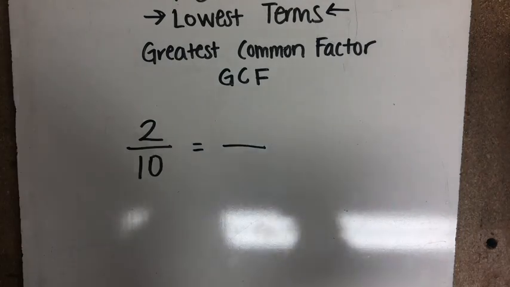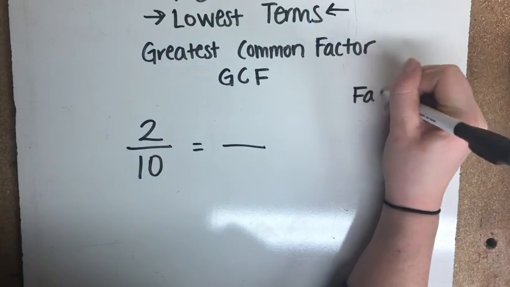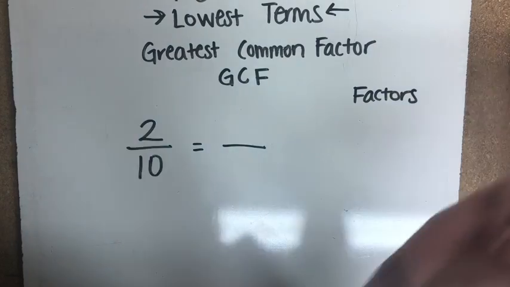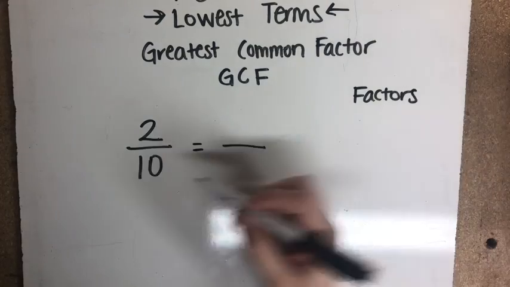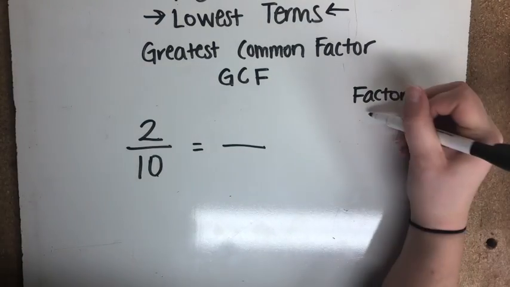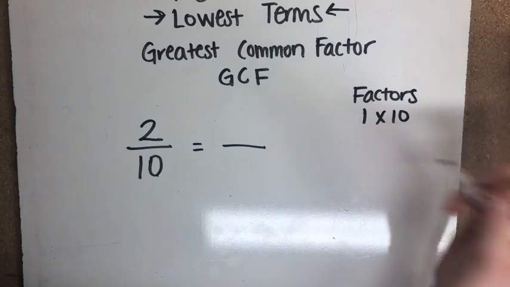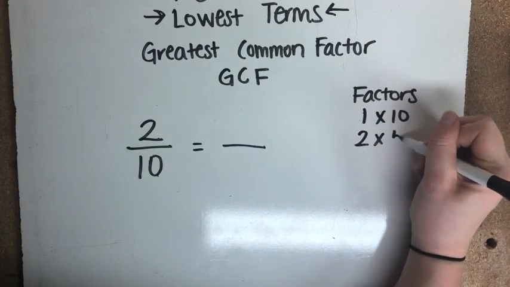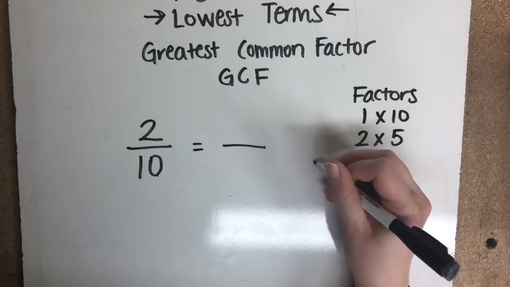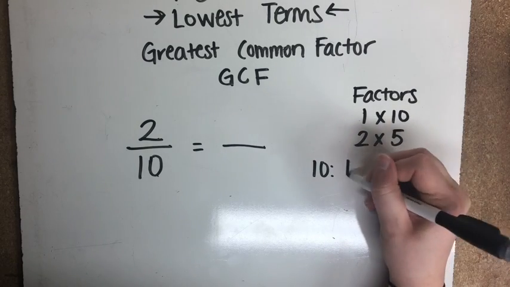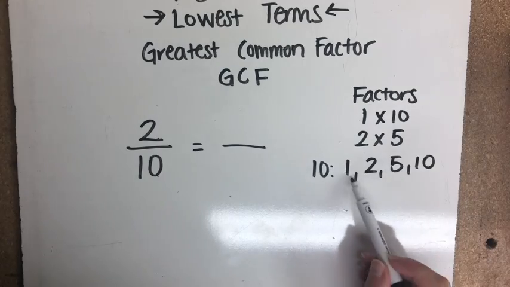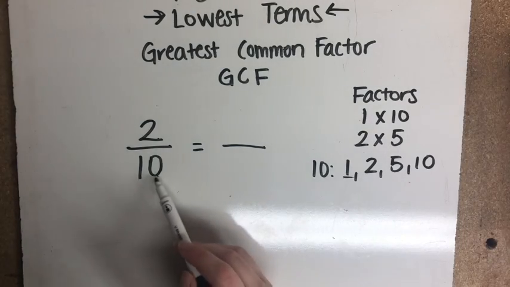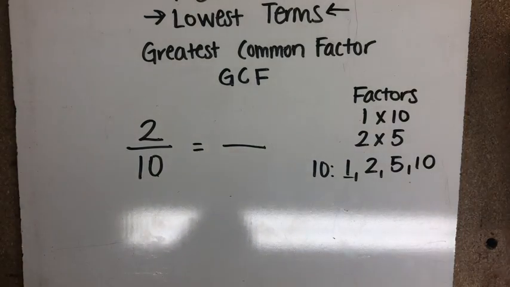Factors are the numbers that, when you multiply them together, equal these numbers. For example, if I were to find the factors of 10, I could do 1 times 10. I can also do 2 times 5. So my factors for 10 are 1, 2, 5, and 10.